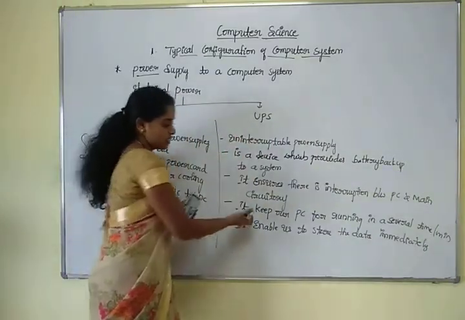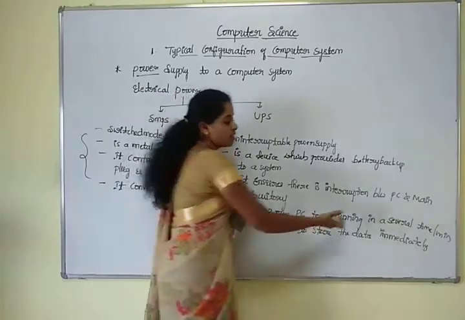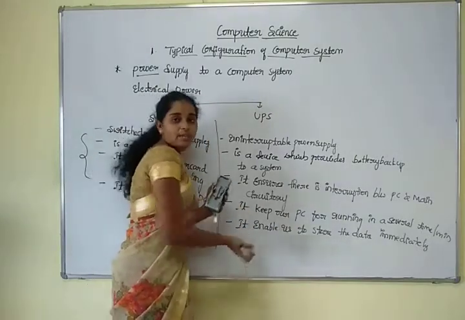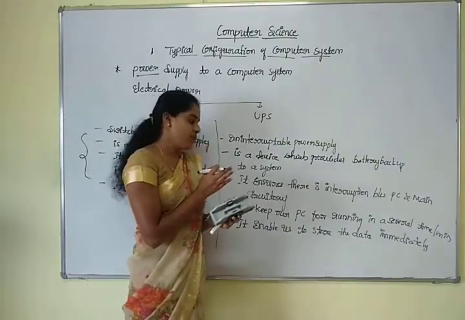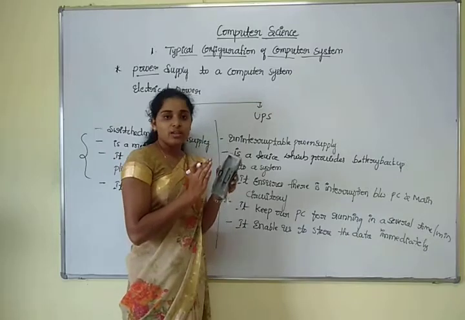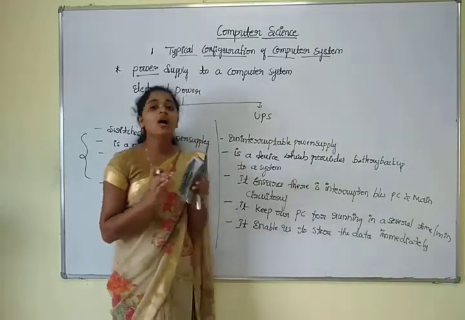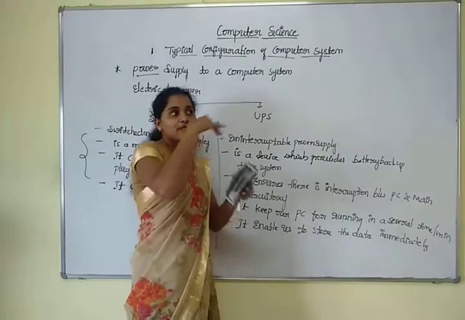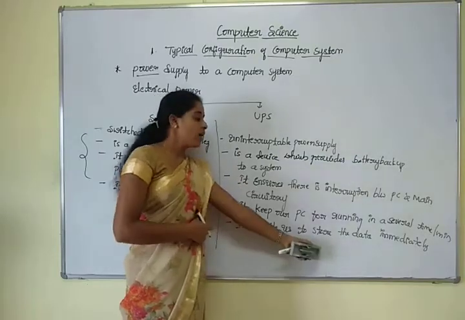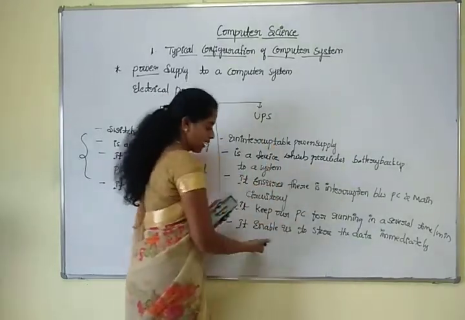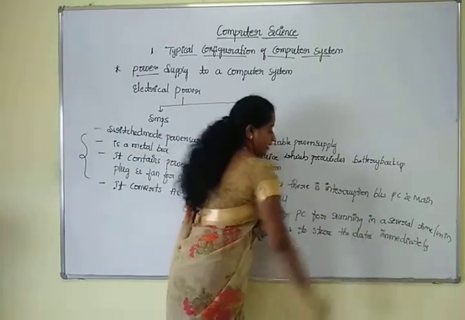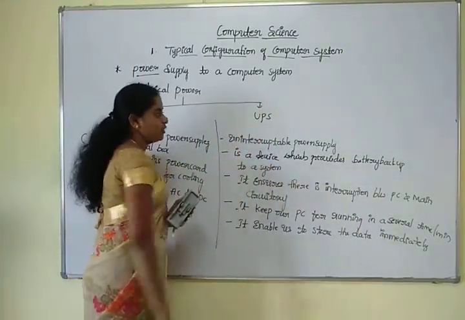This is important because RAM is a volatile memory, and if the electrical power suddenly fails, the data will be completely erased from the RAM. So the UPS enables us to store all the data and information in the RAM memory immediately. This is the main function of the UPS.